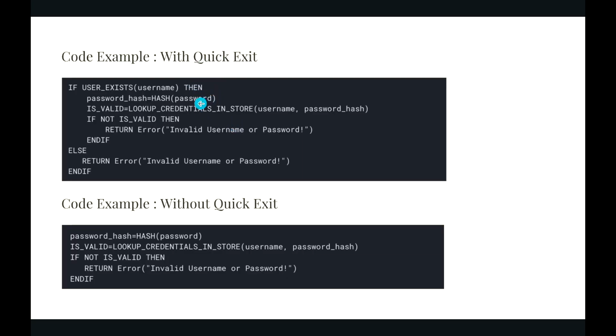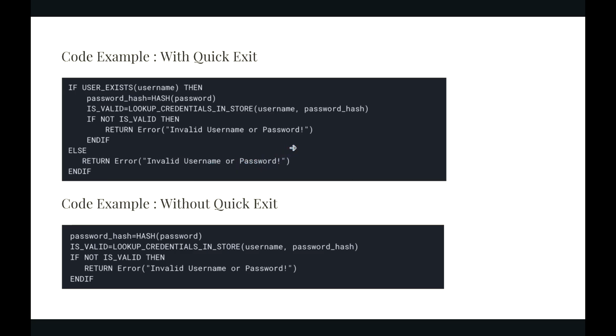So for example, in this given code, depending on the implementation, the processing time can be significantly different according to the case, success or failure. And this allows an attacker to mount a time-based attack. So you can clearly see that if the user does not exist, the application will directly throw an error.